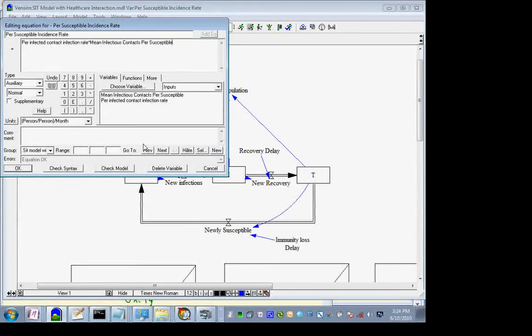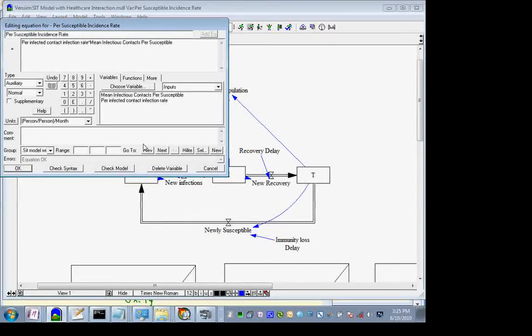So look, per susceptible incidence rate. Now we have a per infected contact infection rate times this thing. This thing is dimensionless. This thing here has got to be person per person per day. That's what this one was.